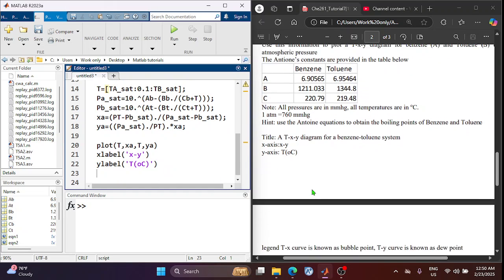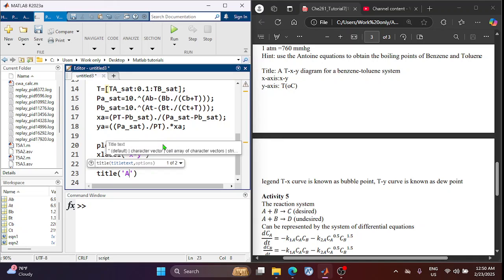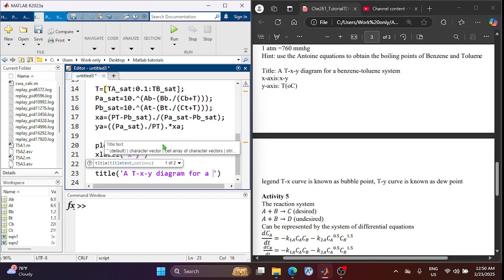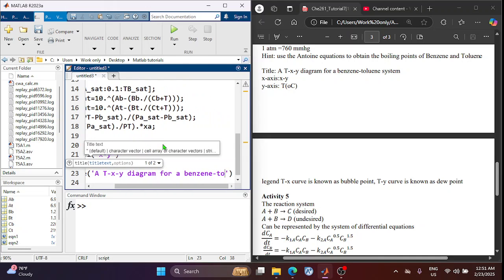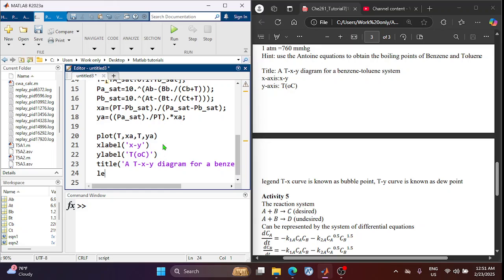And then the last one is we are looking at the legend. Oh, sorry, there's also supposed to be a title. So I can type title: This is a TXY diagram for a benzene toluene system. And then the last thing is going to be the legend.